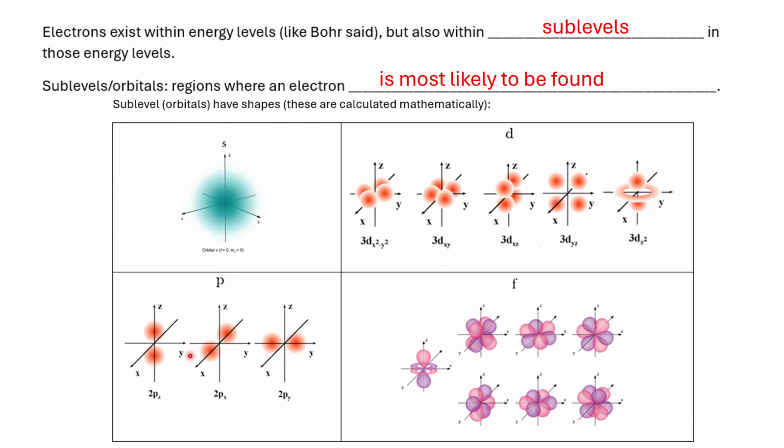The same thing for P. P is just twice as complex. It's got these two lobes for each orbital, and it has three different orbitals. And so we can very much take the number of electrons that each of these can hold by simply multiplying each orbital that it can have by 2.